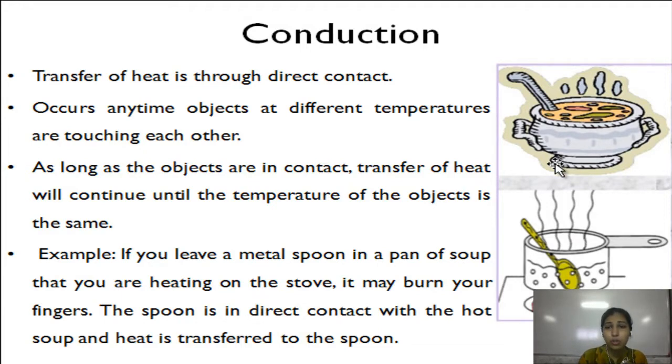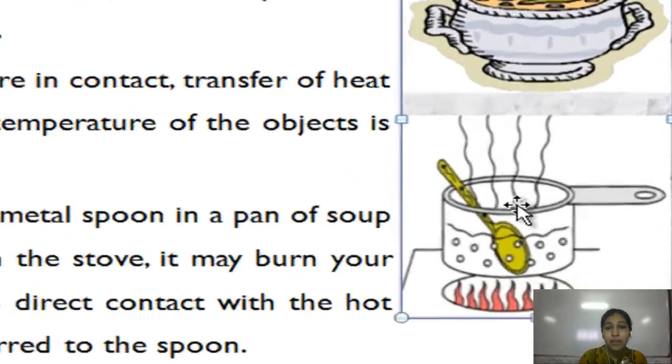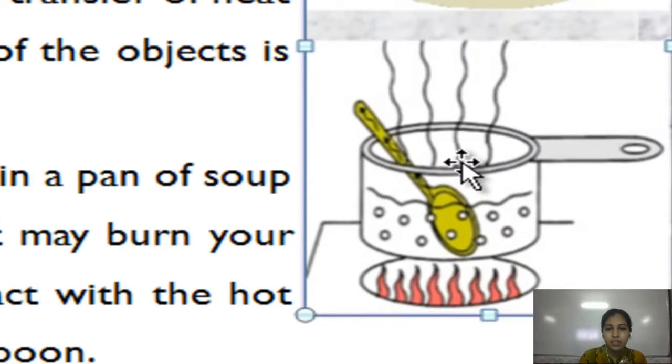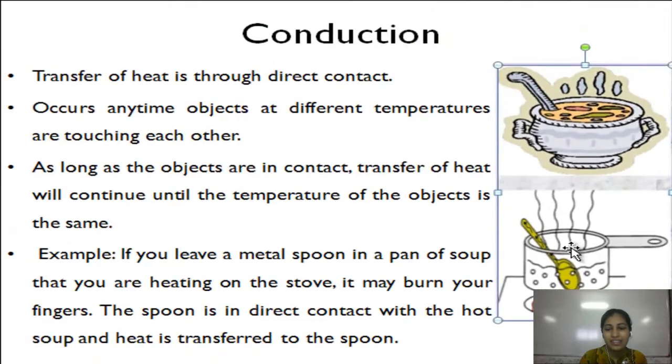As long as both the objects are in contact, transfer of heat will continue until the temperature of the objects are equal or same. Example, if you leave a metal spoon in a pan of soup that you are heating on the stove, it may burn your fingers. The spoon is in direct contact with the hot soup and heat is transferred to the spoon.